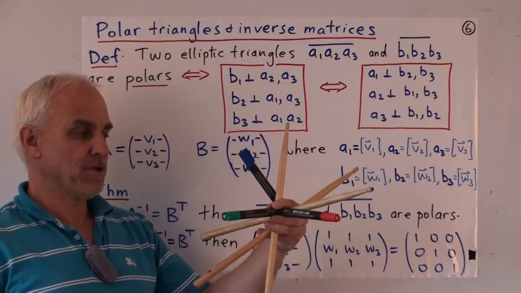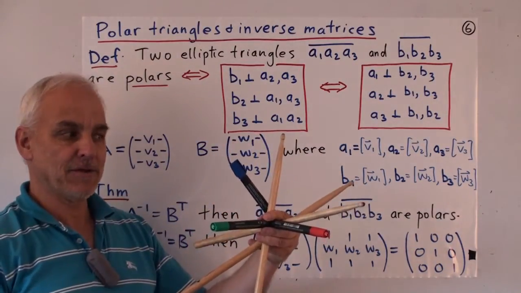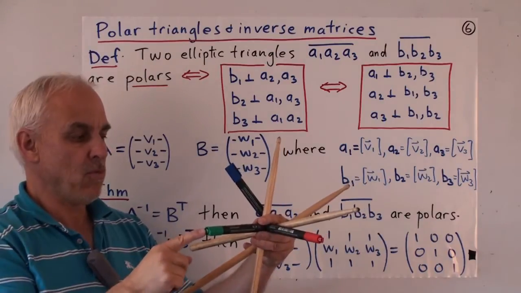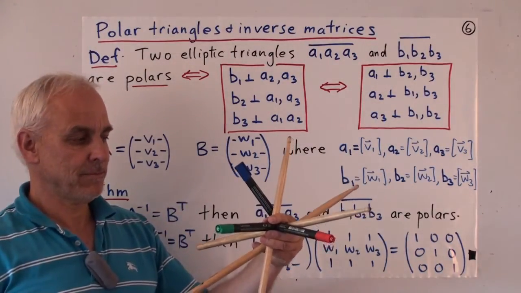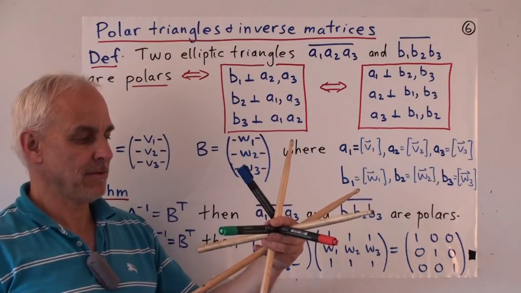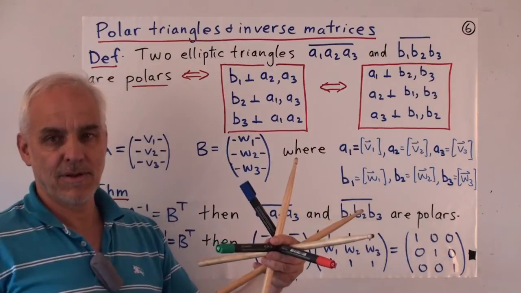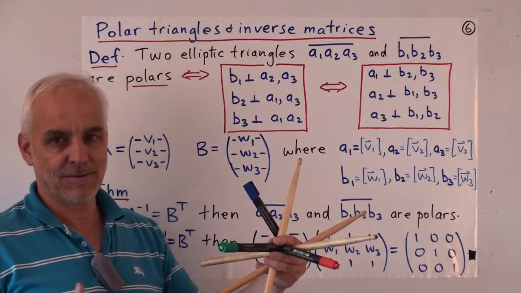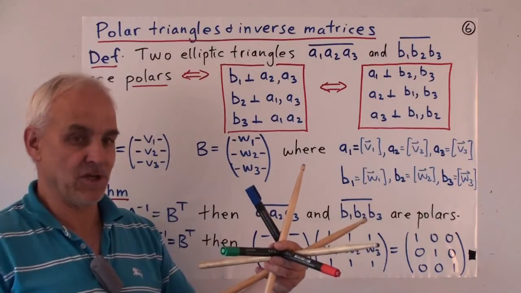So the original triangle is A1, A2, A3, and here's the polar triangle, B1, B2, B3. It's a symmetrical relationship between these two elliptic triangles, these triples of lines through the origin, really geometrically.